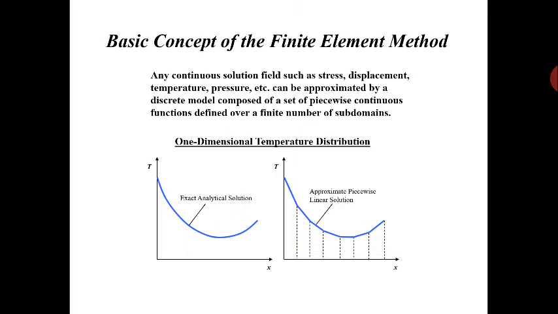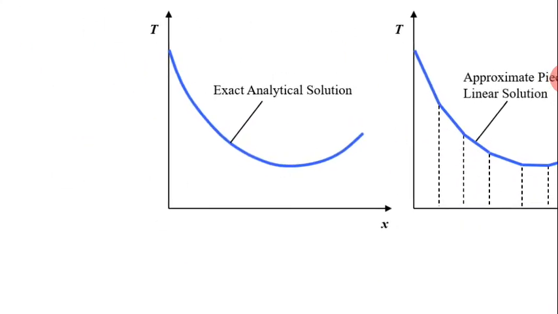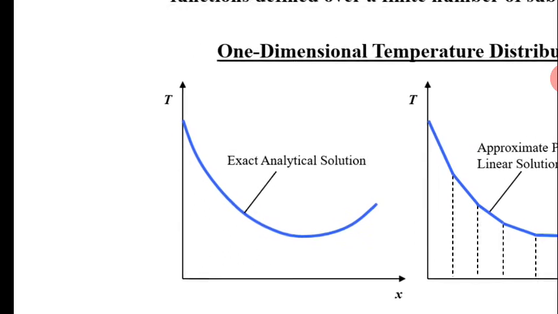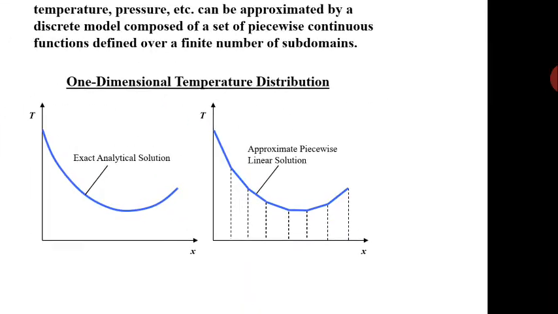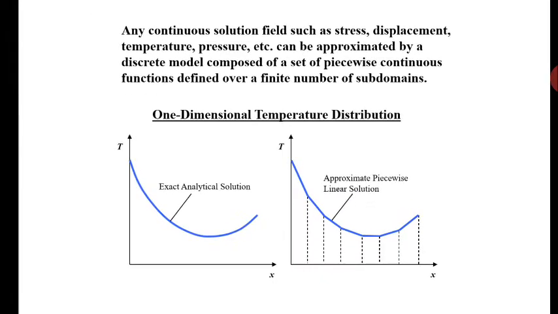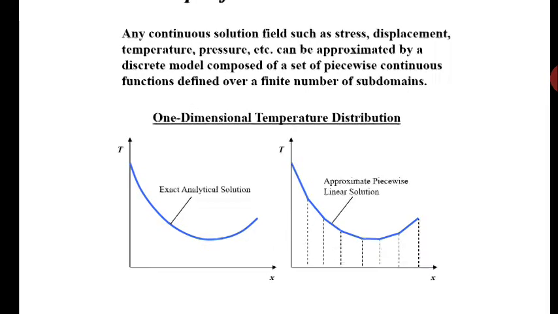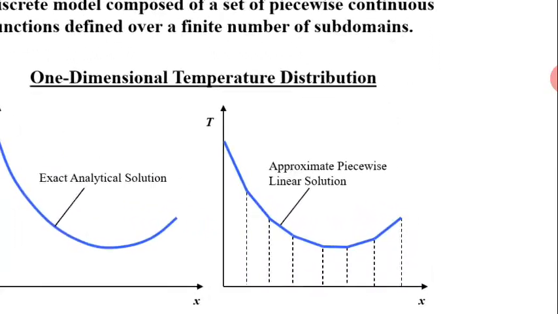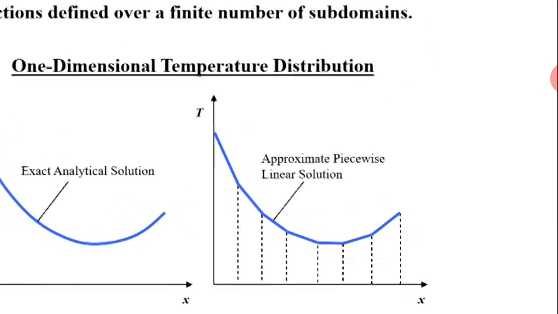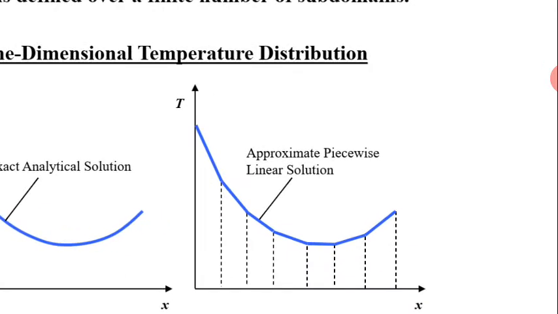As we can see here in this diagram, this is the exact solution. But if we divide the single problem into a number of finite elements, it is an approximation method. It will never give you the exact solution, because we have the piecewise information, as we can see in this graph.